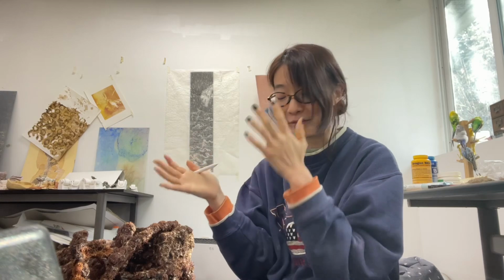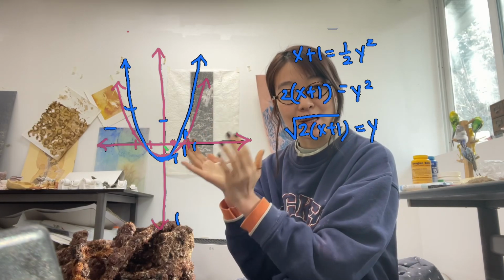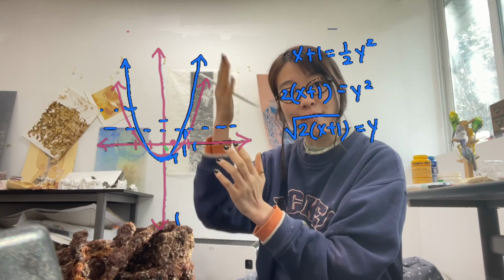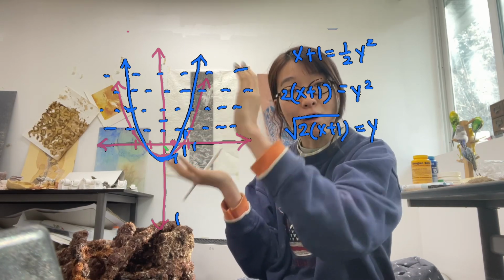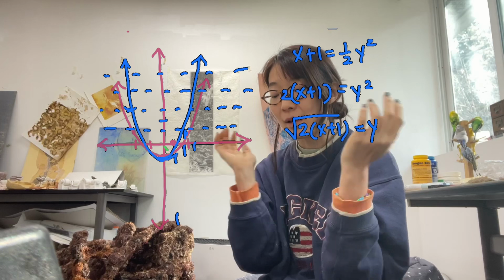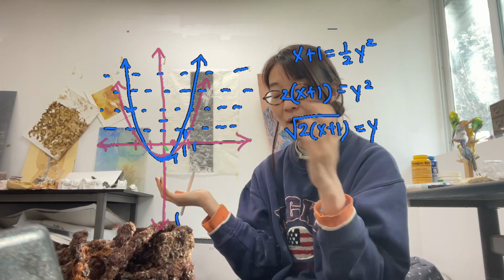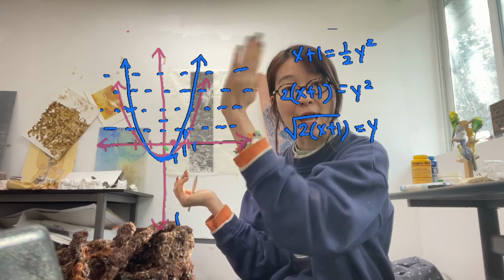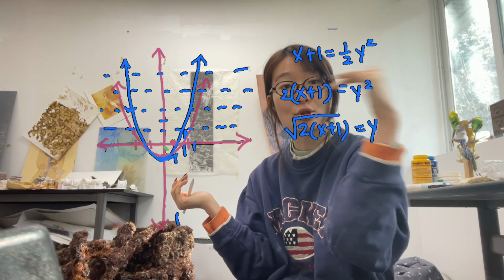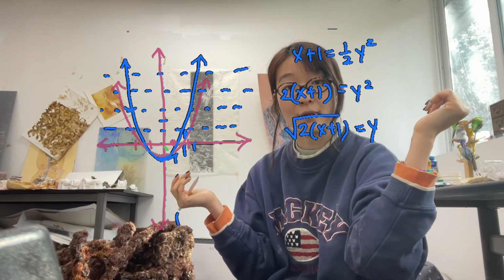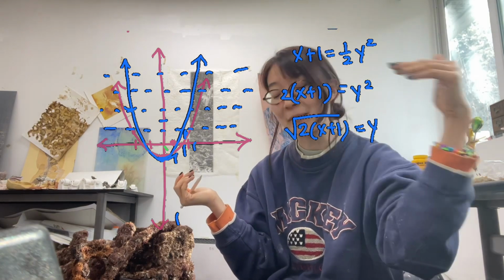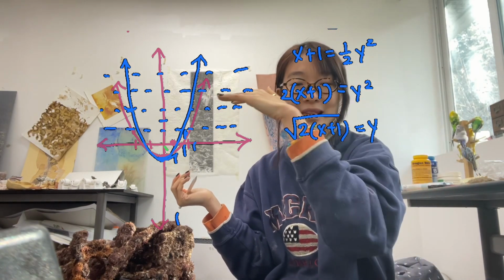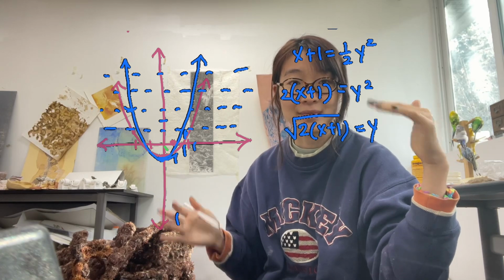If I were to reflect my inverse graph along with all the vertical lines that we drew, reflect all of them about y equals x, what we would notice is that all the vertical lines would become horizontal lines, yeah?